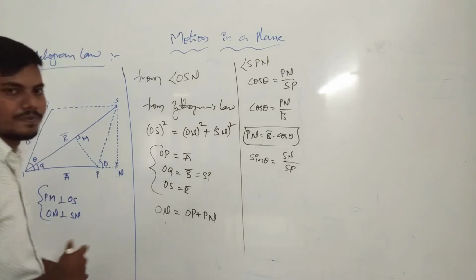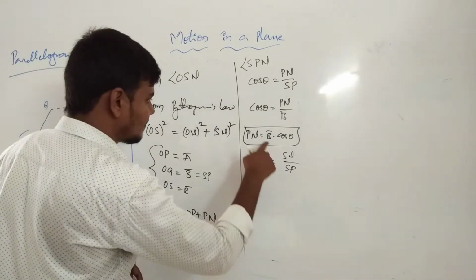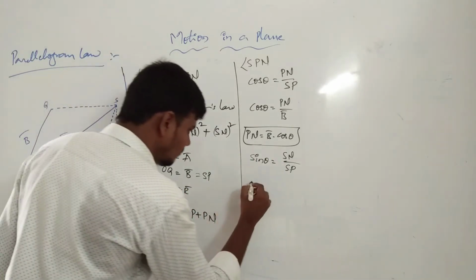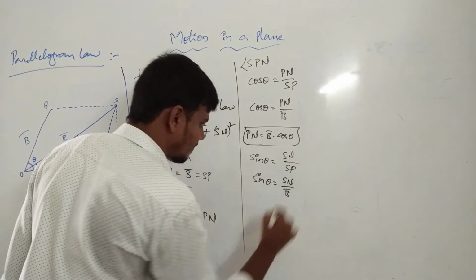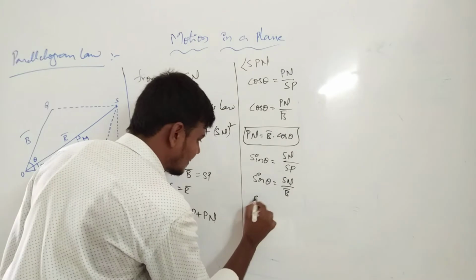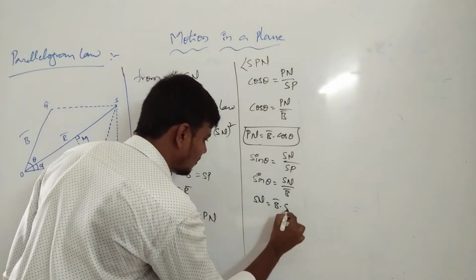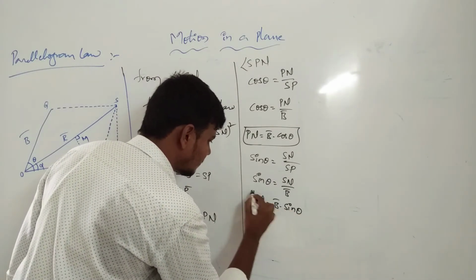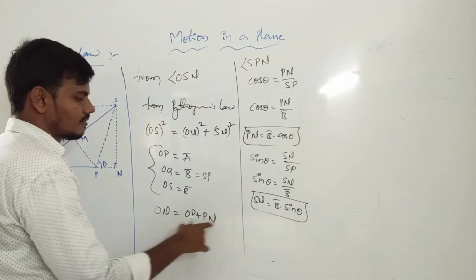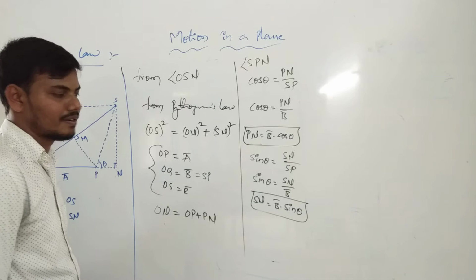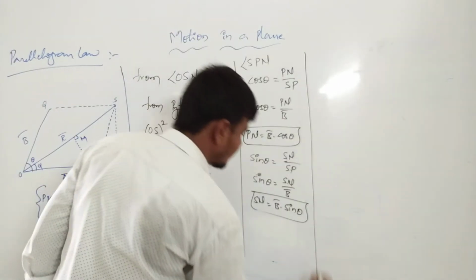Since SP is equal to V1, sin theta is equal to SN by V1. So SN is equal to V bar into sin theta. Same representation we have taken.